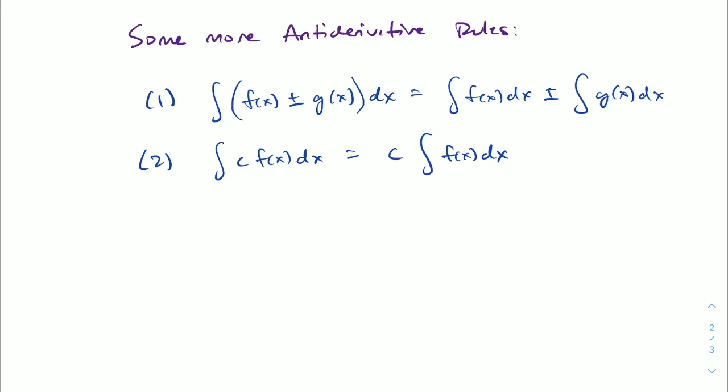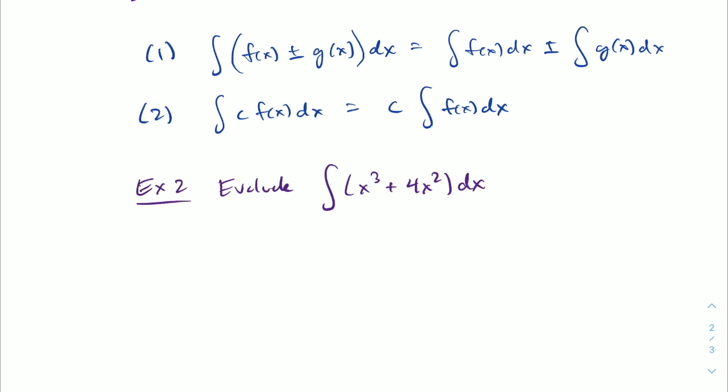Okay, so let's look at a couple examples that use these rules. Let's evaluate the following indefinite integral, or in other words, compute the antiderivative of this function. We're first going to apply the first rule here, the sum rule. We're going to write this as the antiderivative of x cubed plus the antiderivative of 4x squared.